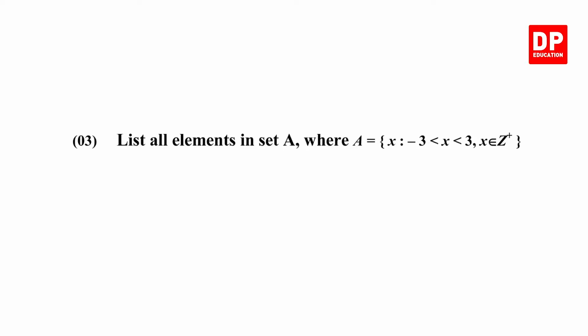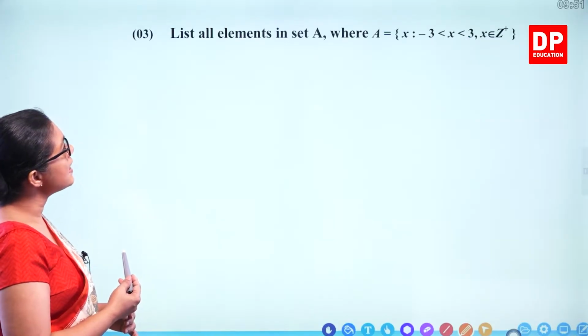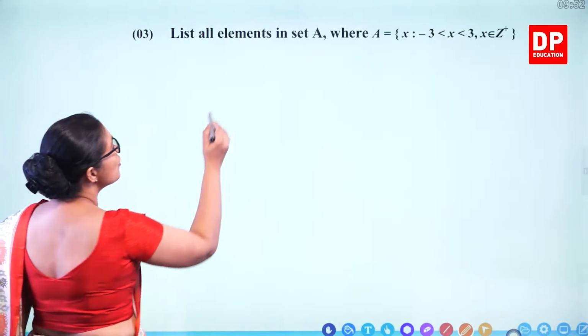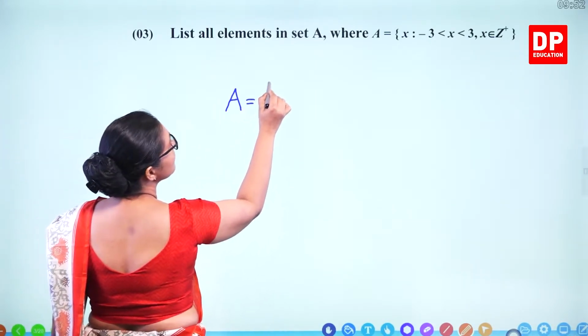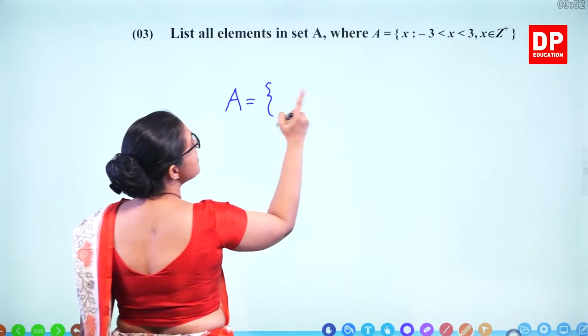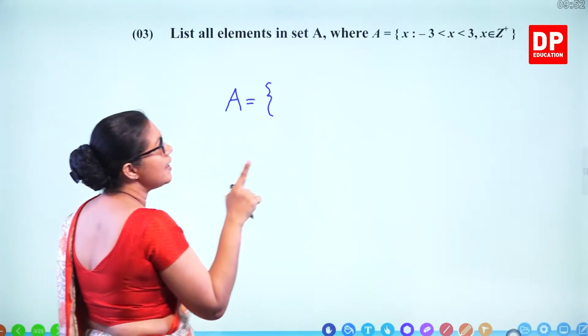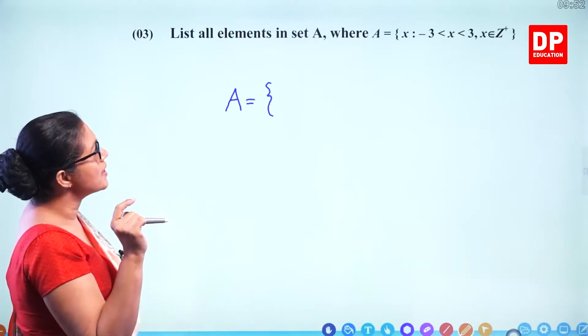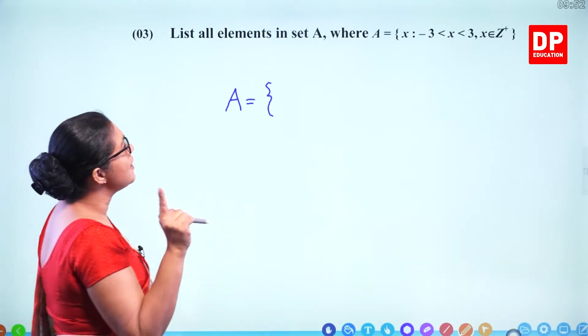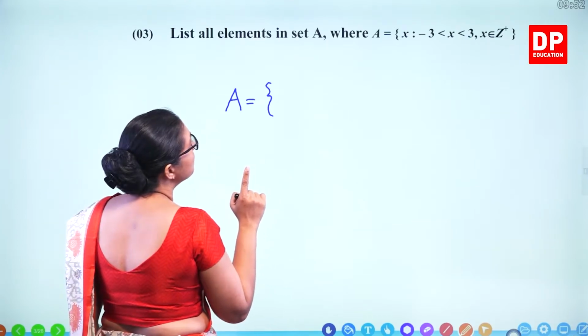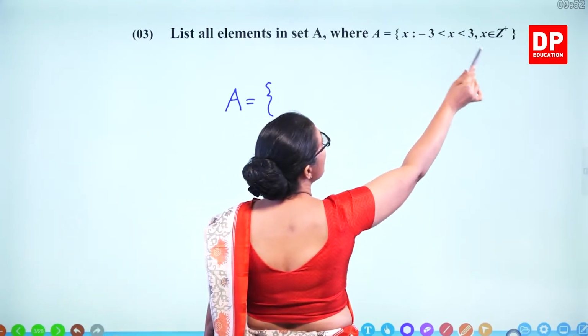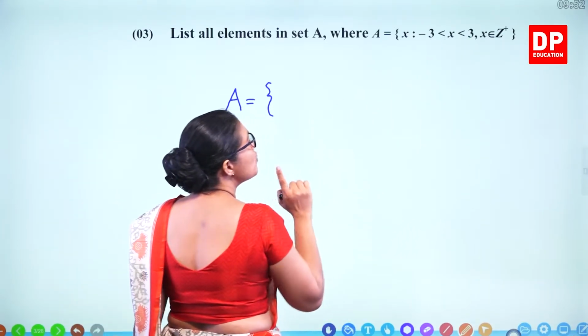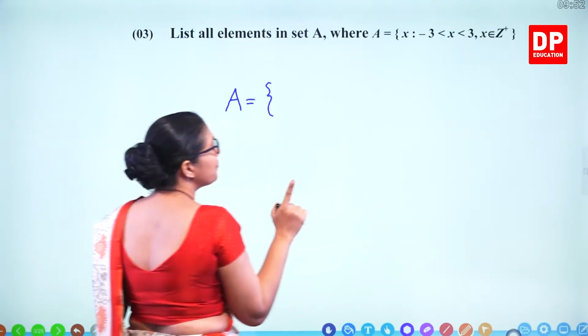Question number 3. List all elements in set A where A is equal to x is in between minus 3 to 3, x a positive integer. So what are the positive integers? How can you write down elements? Positive integers between minus 3 and 3.